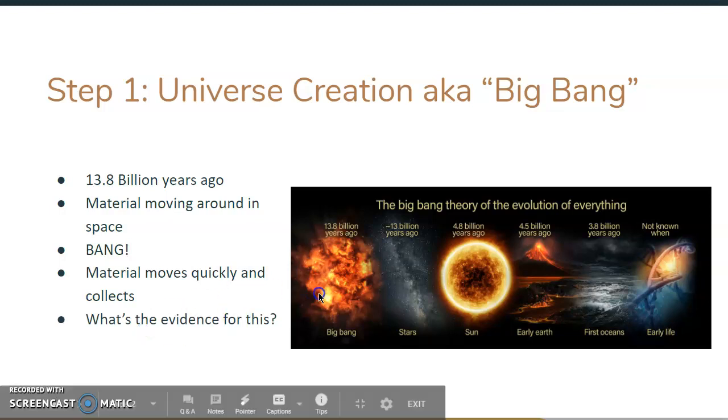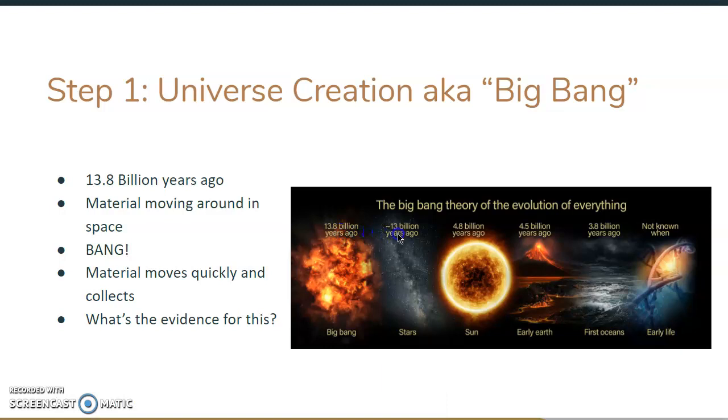So what we believe happened is the Big Bang happened about 13.8 billion years ago. There's about 0.8 billion years of things running into each other before stars were formed. And then we have another 8 billion years before our own sun is created.